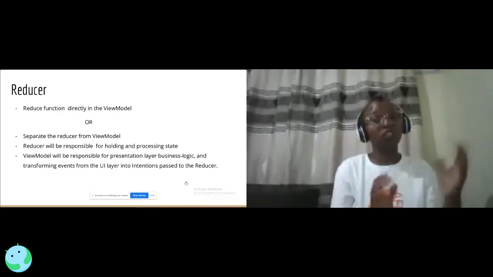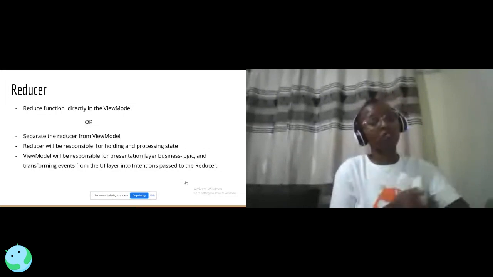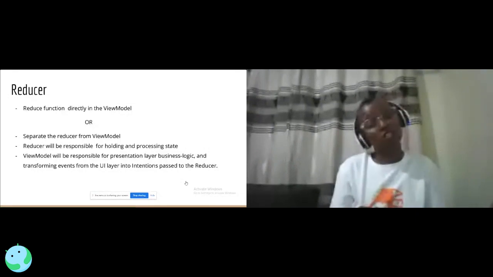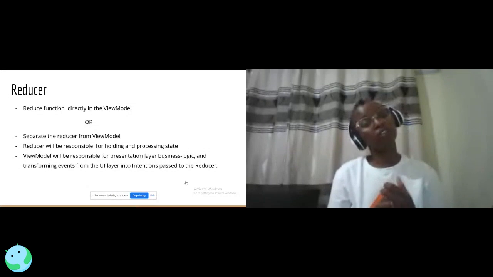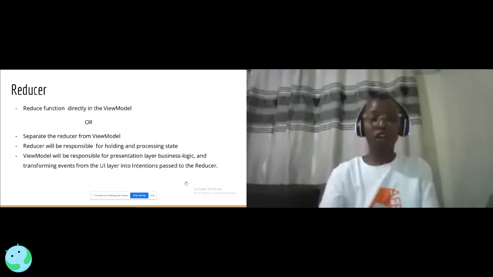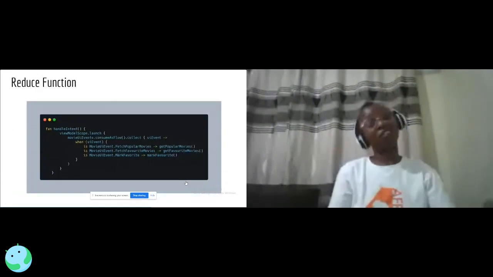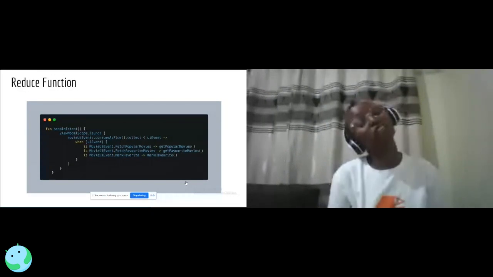And then the view model is responsible for the business logic and transforming the events coming from the UI into intents and then passing them on. In my sample project, I implemented the reduce function in the view model.